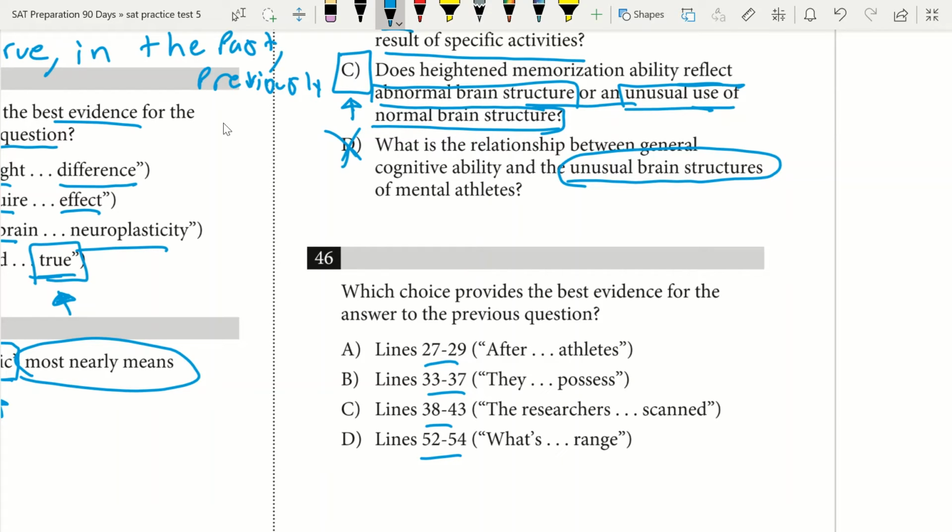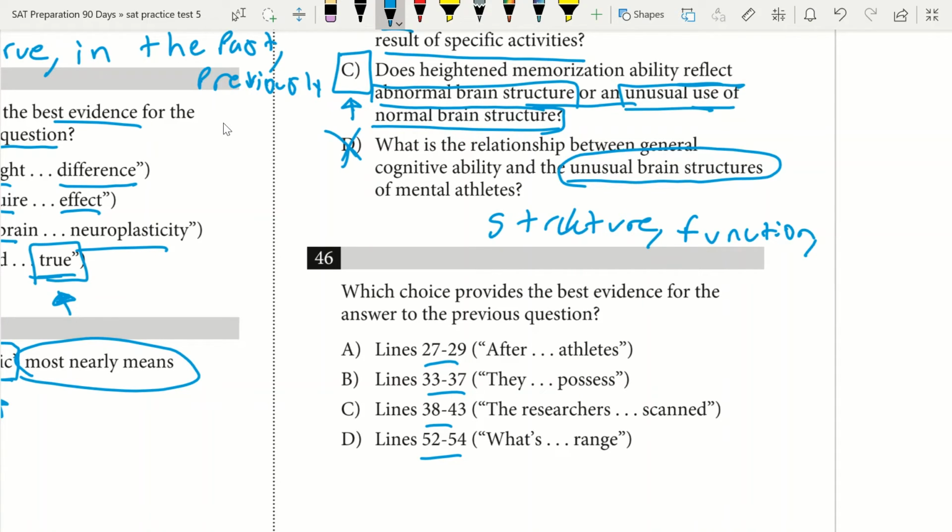Okay, so my keywords here could be something like the way that the brain is structured. So I would look for something like structure as a keyword, and function. Really those two would be what I'm looking at.